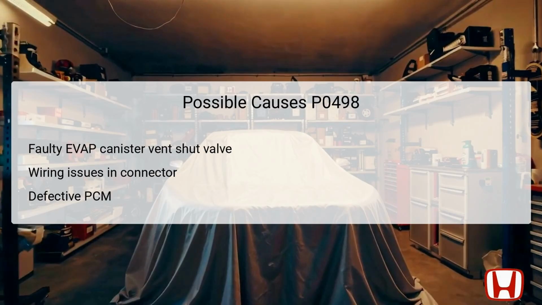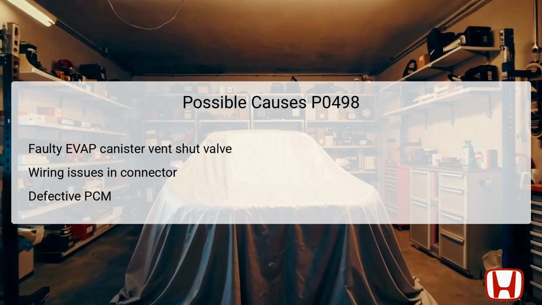The Diagnostic Trouble Code, P0498, may stem from several potential issues. Firstly, the EVAP Canister Vent Shut Valve itself could be malfunctioning or defective, preventing it from operating as intended. Secondly, inspection of the wiring and connectors is essential, as damaged or corroded connections can lead to poor voltage readings and faulty communication between the valve and the PCM.